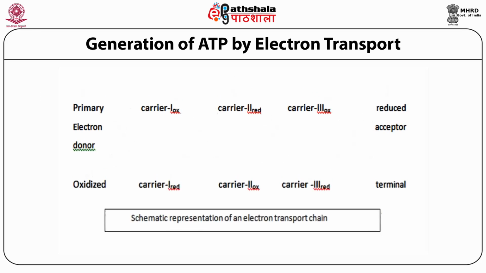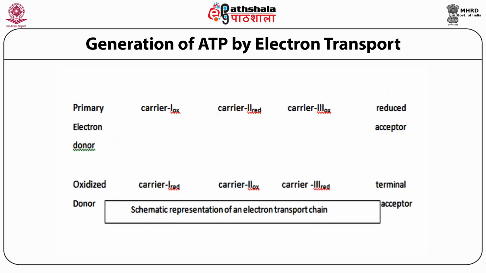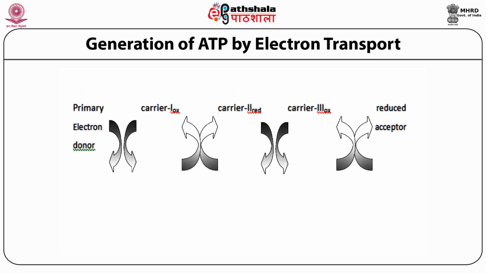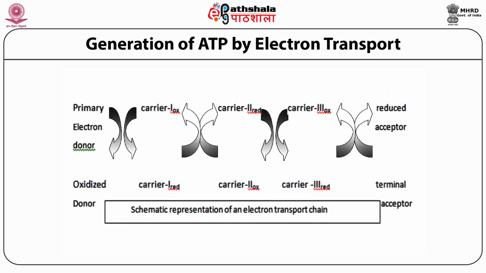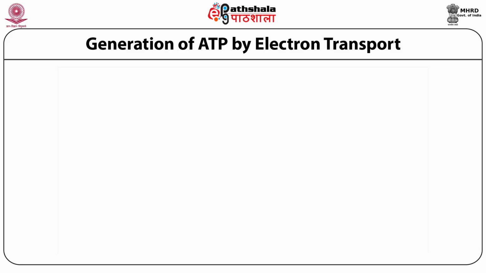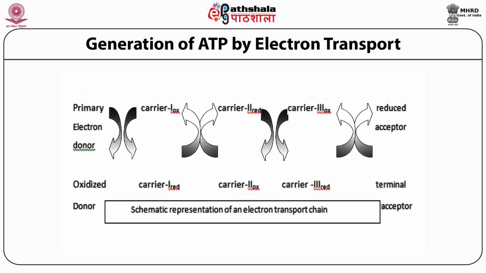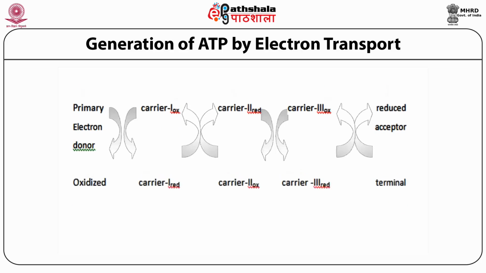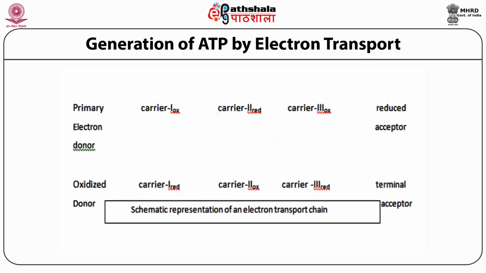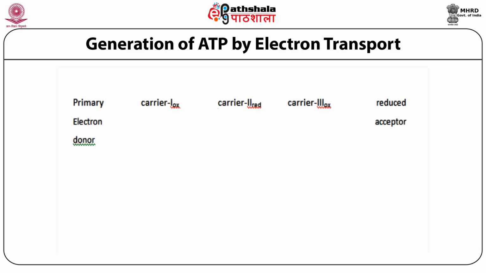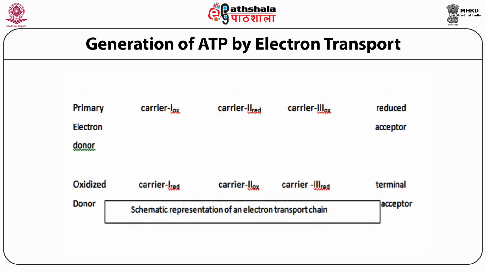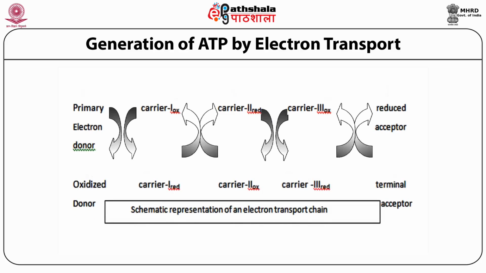Generation of ATP by electron transport. In a number of different modes of mitochondrial metabolism, including the respiration and photosynthesis, ATP is generated by transporting electron through the chain of carrier molecules with fixed orientation in a cell membrane. Although the complexity and component of electron transport chain vary, they have certain common features.